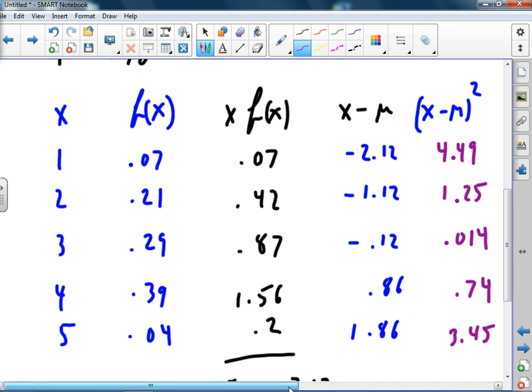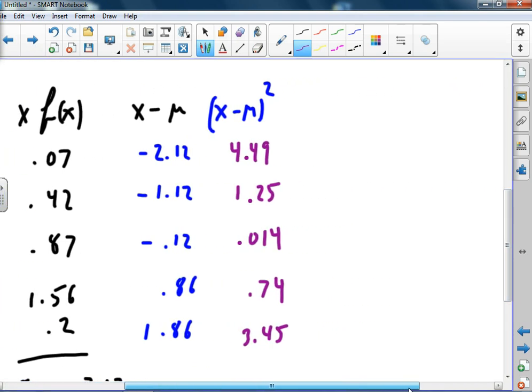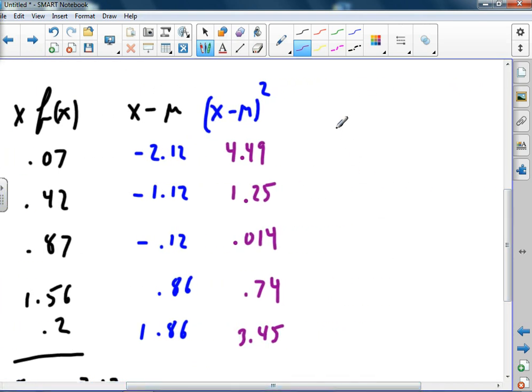And then, oh, I can move this over. I didn't know I could move that over. I got plenty of room. Then I want x minus mu squared times the function of x. And when I do the summation of that, I'm going to get the variance, which is why I'm doing that.